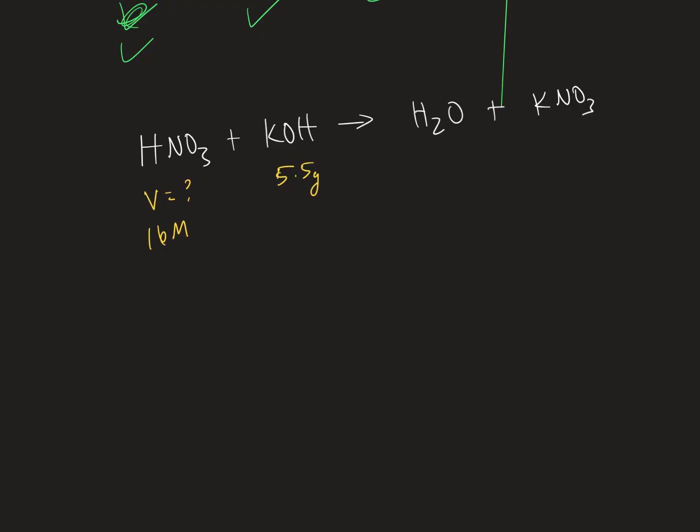So what do we do first? Balance the equation. So is it balanced? Let's count. One nitrate, one nitrate. One potassium, one potassium.